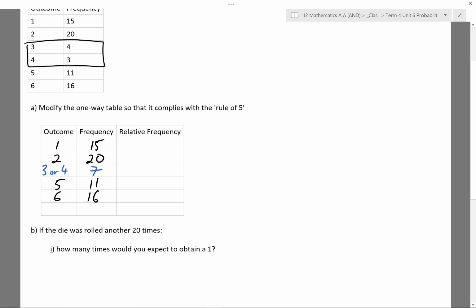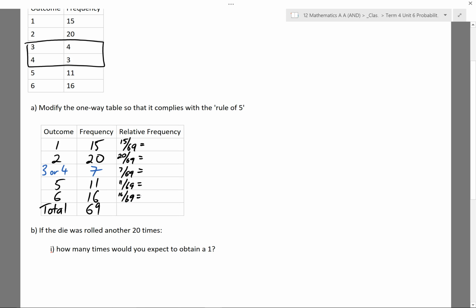What I can also do when it's in this tabular form is to find what the total number of trials is by adding all of these frequencies. There's 69 rolls in total. And then I can find the relative frequencies for all of these. So 15 on 69, 20 on 69, 7 on 69, all the way down.